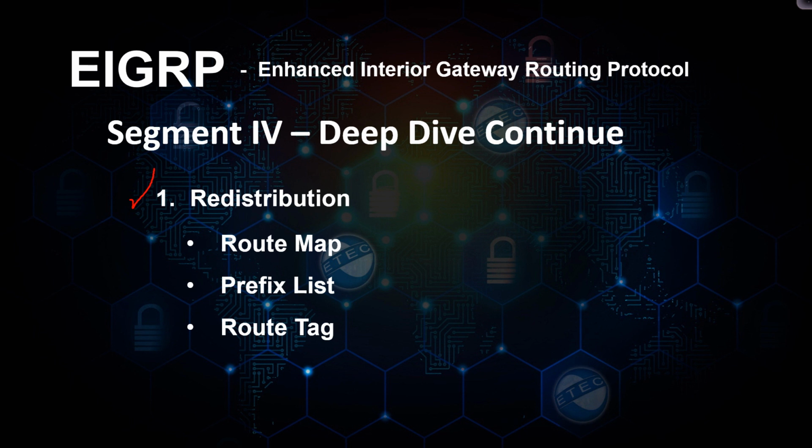We'll go through how to share routing tables between different autonomous systems or from one routing protocol to another using redistribution. And while performing redistribution, we can control what to send and what to receive with the use of route maps, prefix lists, and route tags.